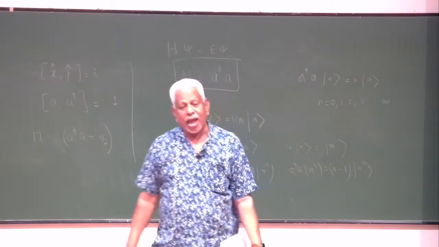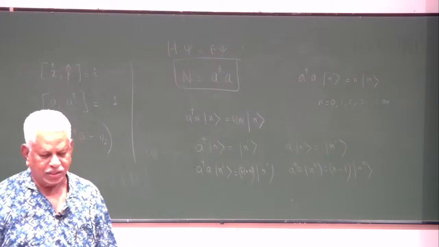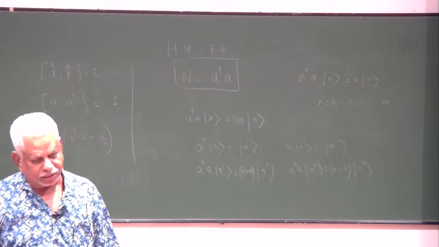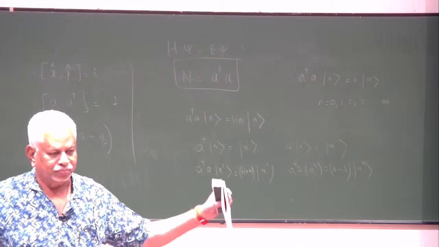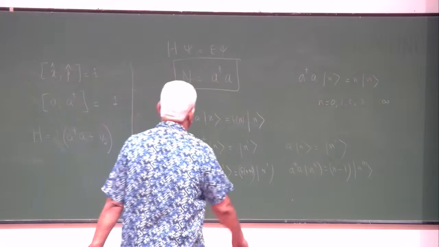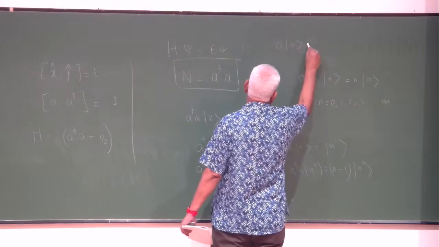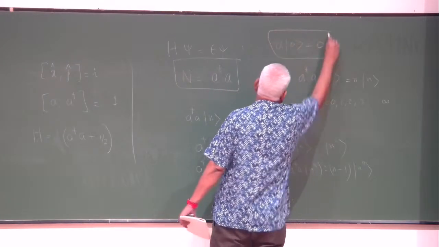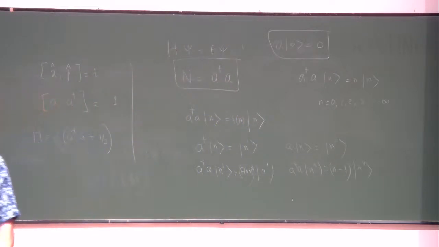A acting on that state gives you the n minus 1 state, then n minus 2 state, and A acting on 0 gives you 0. It kills it. People call it the vacuum state or ground state, the lowest state. You cannot go below that.